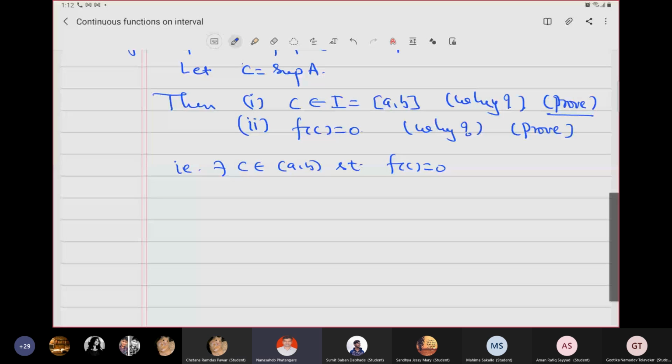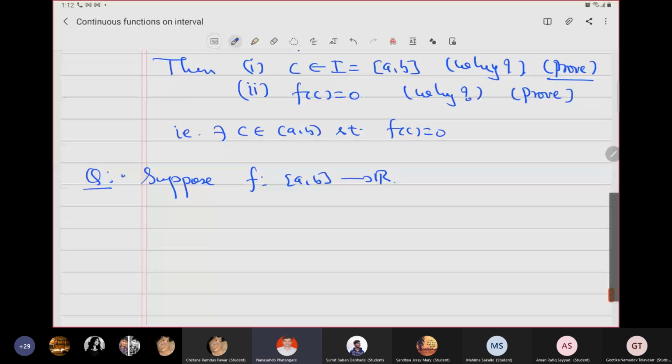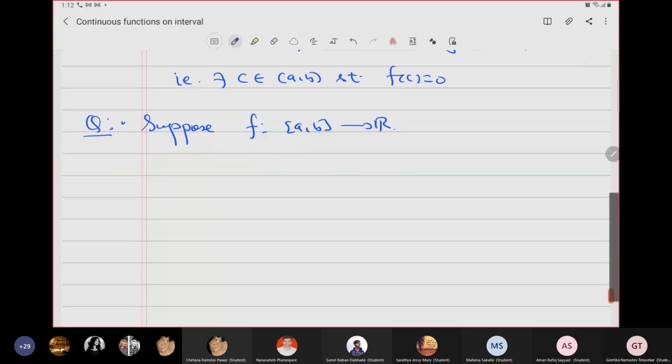Now we want to extend this idea further. Suppose f is a function defined on some interval [a, b] to R. The value of the function at a is some number f of a, and the value of the function at b is some other number f of b, right?